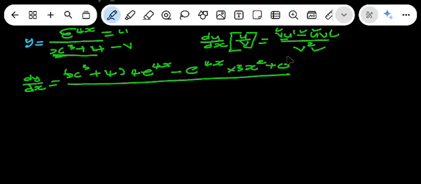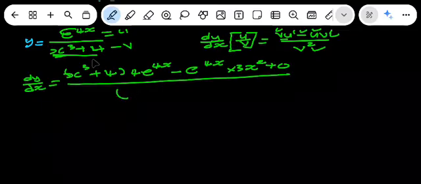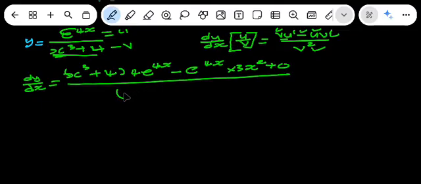All over this, you divide all of this by v squared. So what will be our v? The bottom part. What is that bottom part? It's x cubed plus 4. Then we have to square this.